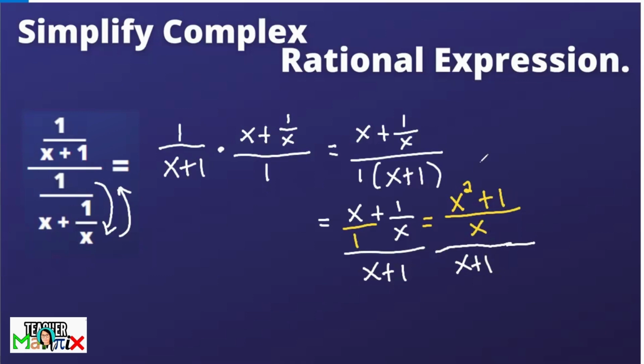So since this rational expression is being divided by another expression, just like what I said, the second fraction should always be flipped, or the parts, the numerator and denominator, should be flipped.